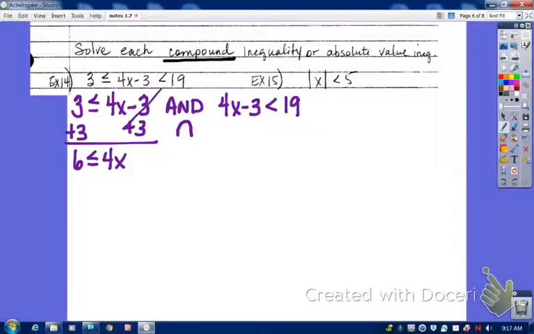If my variable's on the right-hand side, I just reverse the problem, and I put the 4x on the left. I just have to make sure that I don't change my sign, so the open end of the inequality is still facing the 4x. I graph better and solve better when my variable's on the left-hand side.